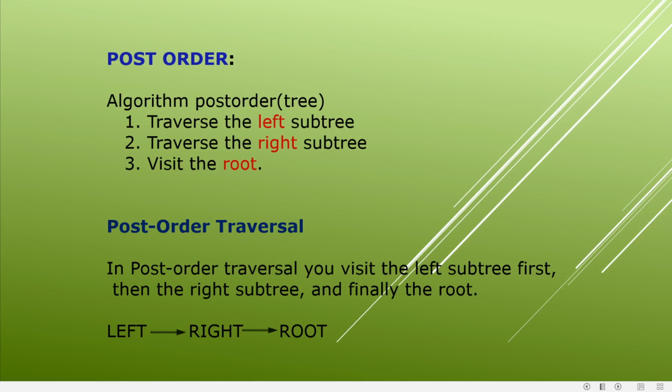So in our diagram, the leftmost node is 0 and the root node is 7. So our postorder traversal traverses the left subtree first, then the right subtree, and finally visits the root.